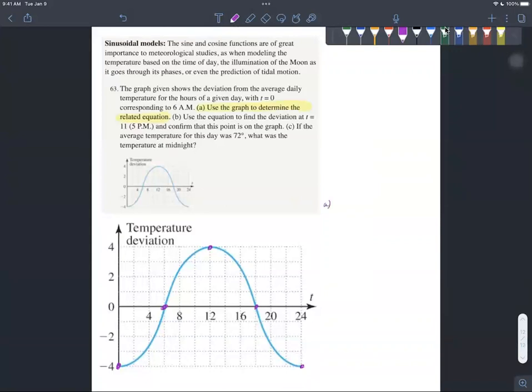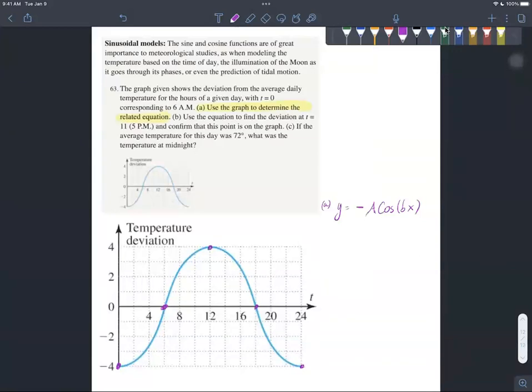So for part A, we can say y equals, hopefully you're thinking of a cosine function. The main thing here is that there's going to be a negative, right? Because cosine usually starts at its maximum. This thing is flipped around. So that means that there's a negative in front of the function.